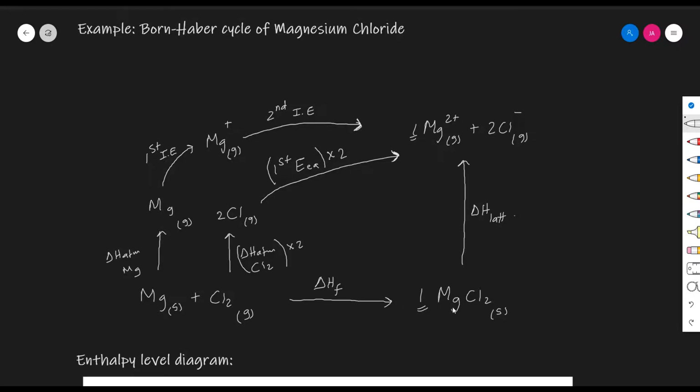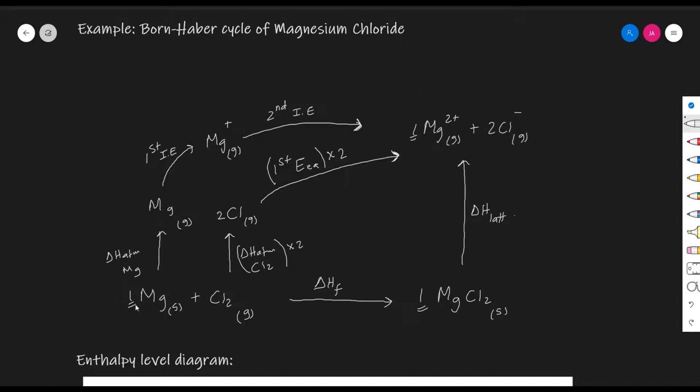Thus, the element of magnesium is Mg solid, and I have 1 mole here since I have 1 mole of magnesium in the formula, and I have 2 chloride ions over here, and the element that makes up Cl is Cl2 gas, and thus I wouldn't multiply it by half since I already have 2 chlorine atoms in this molecule, since I require 2 in this formula. The next step would be to link these gaseous ions with these elements as stated previously.